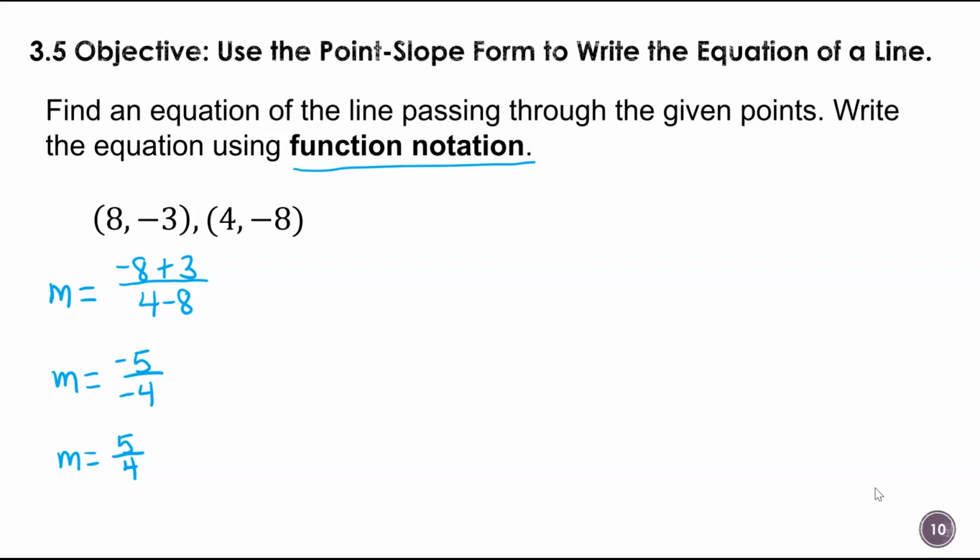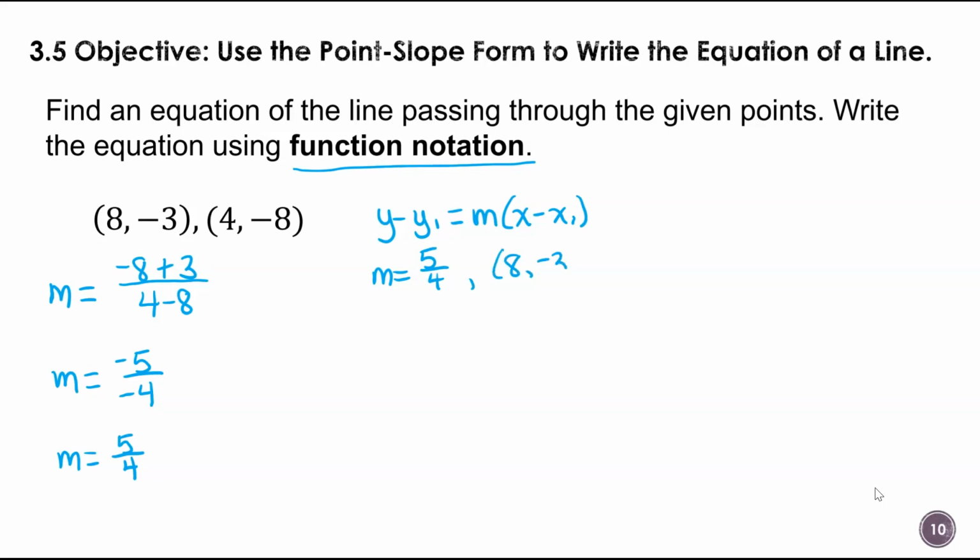Now, when we write our equation with point slope, we only need one of these points. So you just choose which point you want to use. It does not matter. We are going to use the slope of 5/4. And then I think I'll just use the first one.